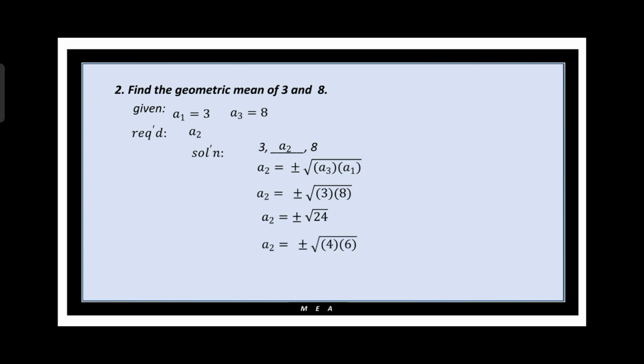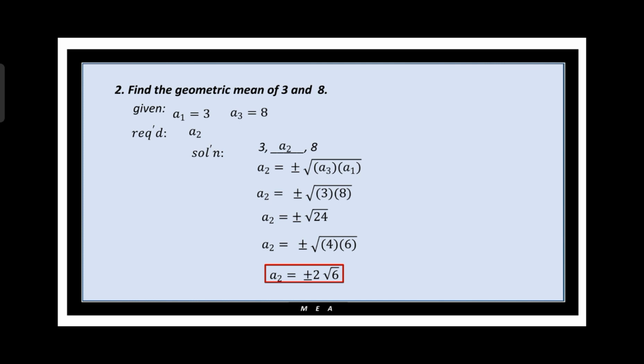A sub 2 now is equal to positive negative square root of 4 times 6, which is the same as 24. Okay, now makukuha natin yung square root ng 4. Masimplify na natin siya. So, ang ating geometric mean sa number 2 will be a sub 2 is equal to positive and negative 2 square root of 6.